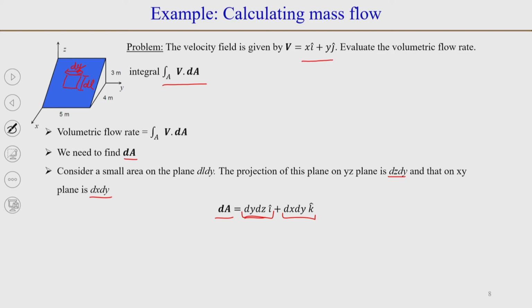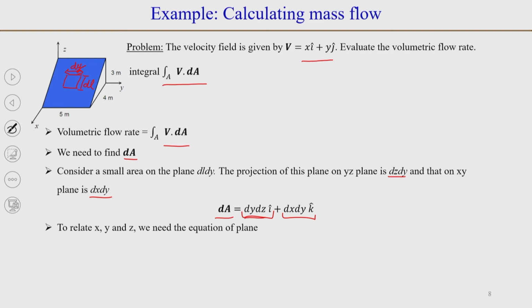Now, we know the area vector dA, so let us substitute v dot dA. Because we have taken an elemental area and its normal vector, when we integrate this, we will also need to relate x, y and z. So, we need the equation of this plane.